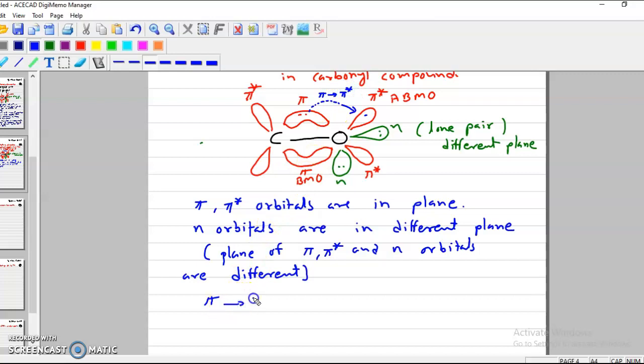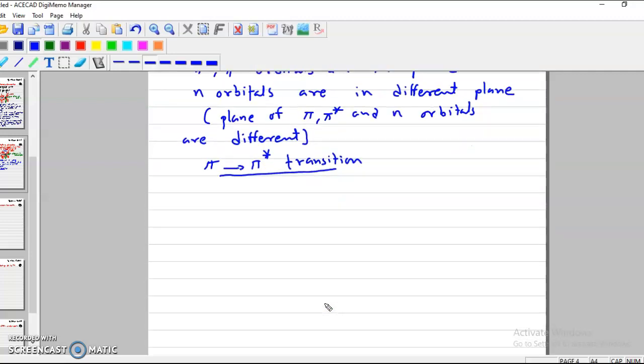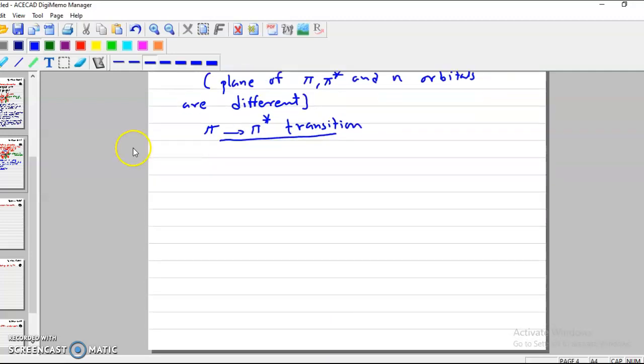The electron shifts from the pi orbital to the pi star orbital, but the plane of symmetry does not change.